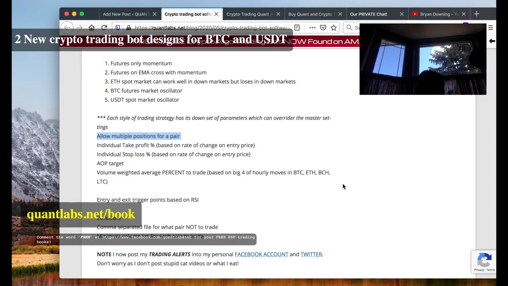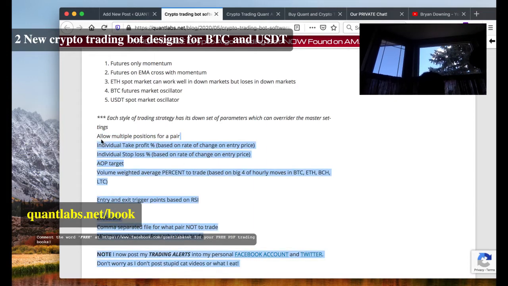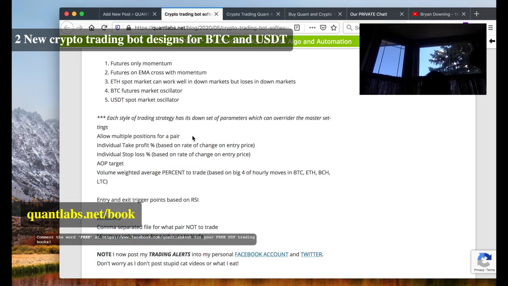If you're not a risky kind of person, you can have a setting here that will mean I only want one position to be open at a time per pair. So that will limit you on the risk level when the market's down, okay? But if you want to make a lot in magnitudes, let me give you an example.